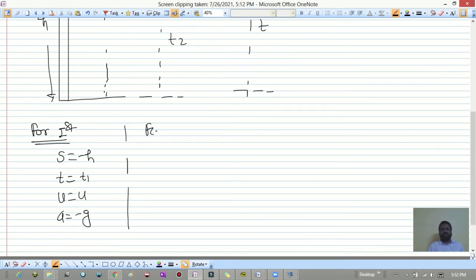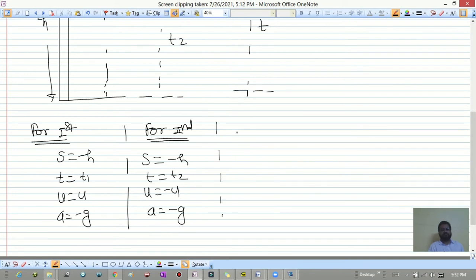For the second ball, displacement as minus h, time as t2, u as minus u, and a as minus g. For the third ball, displacement is the same, minus h, time as t, u as 0, and a as minus g.